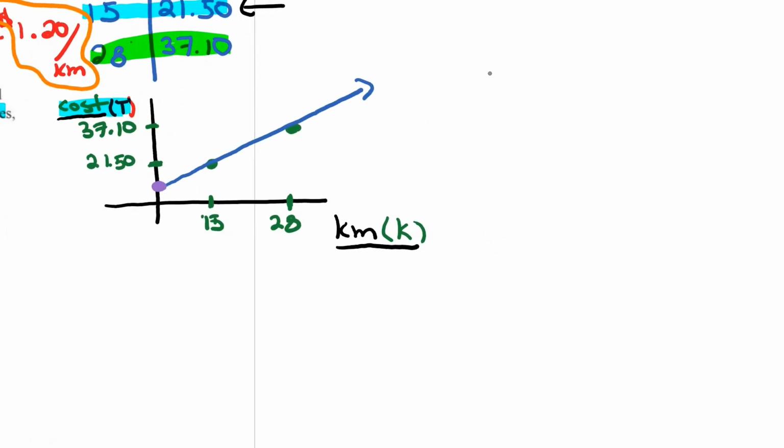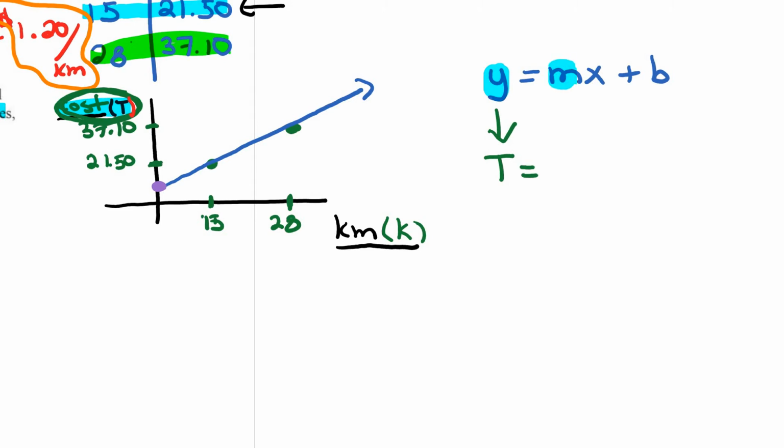Let's start off with what we do know. The equation for any linear line is y equals mx plus b, right? Now we need to change the variables to match the storyline of the problem. What does y represent in this problem? Looking at my graph, y is my total cost, so the variable that represents cost is T. What is the slope?